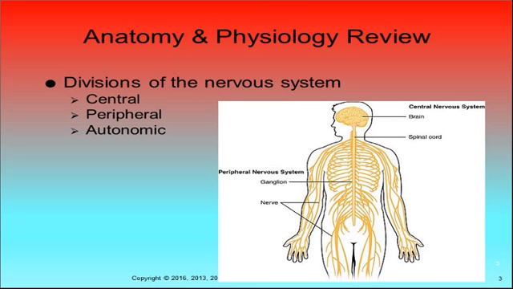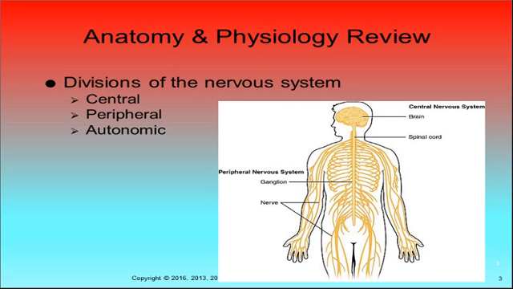These sensory receptors throughout your body monitor, and then they transmit impulses of pain and temperature, vibration, pressure, and they also help to monitor and transmit how we see things, our vision, taste, smell, and hearing.